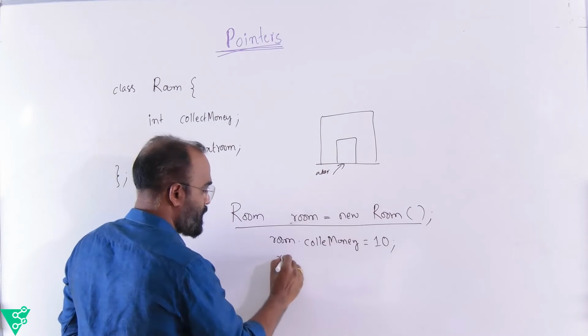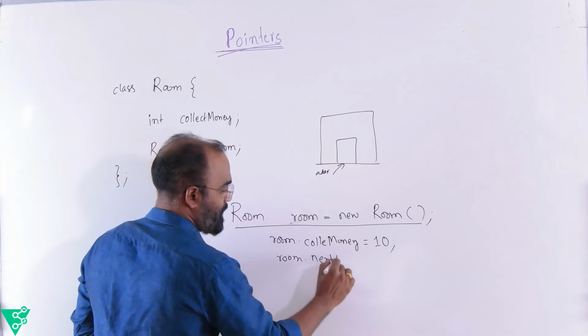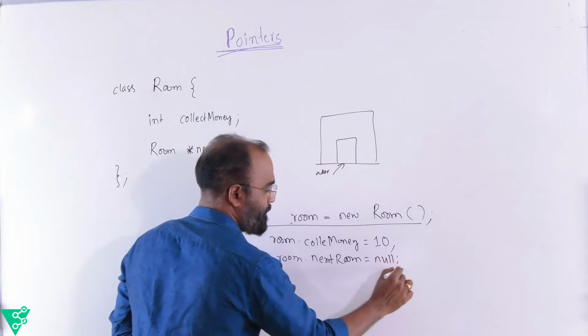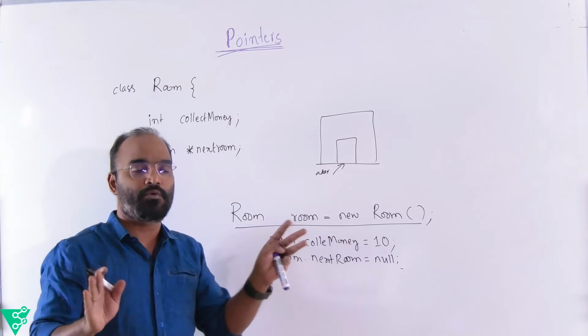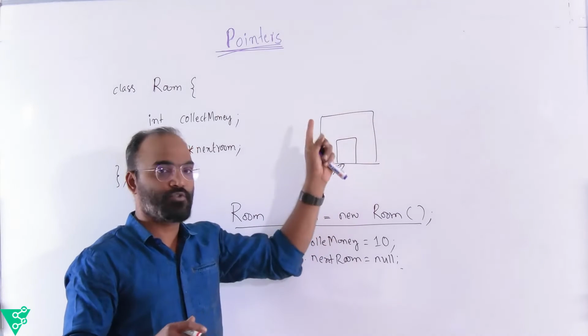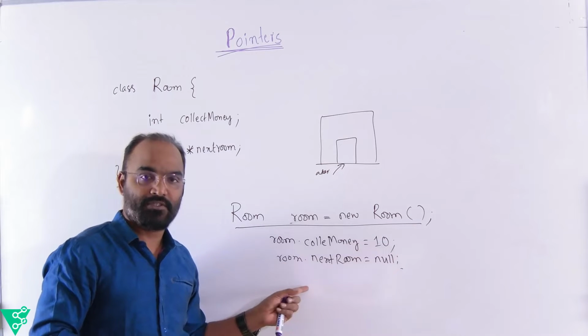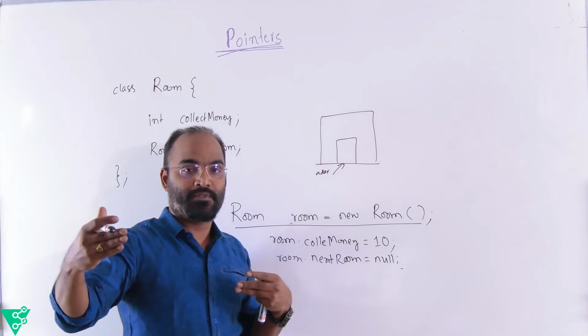Now, to begin with, I assume that room dot next room is null. This statement makes it so that there is no door attached to get you into the second room. This is the initialization. Now, let's say you want to build 2 rooms, 3 rooms.